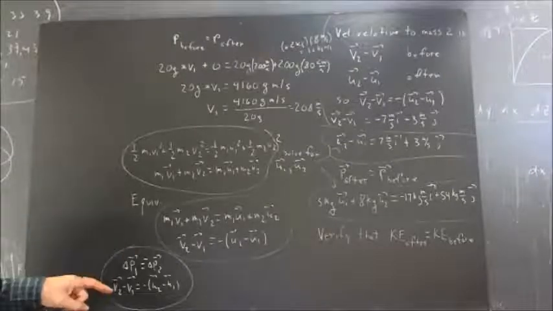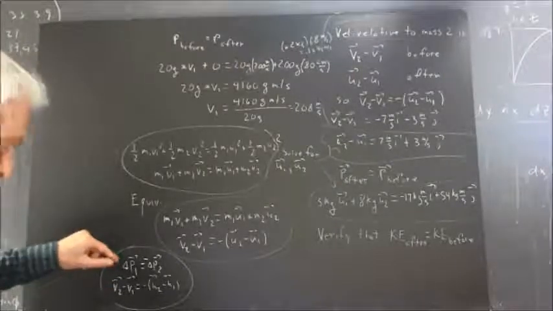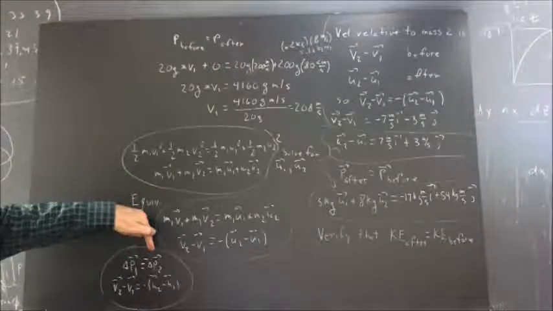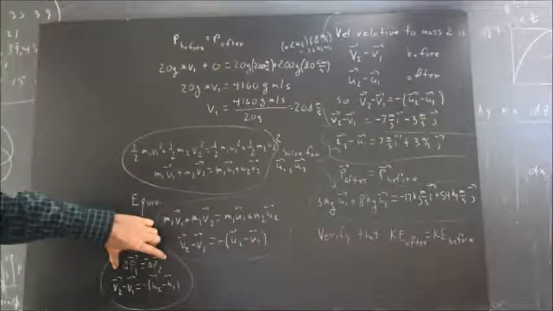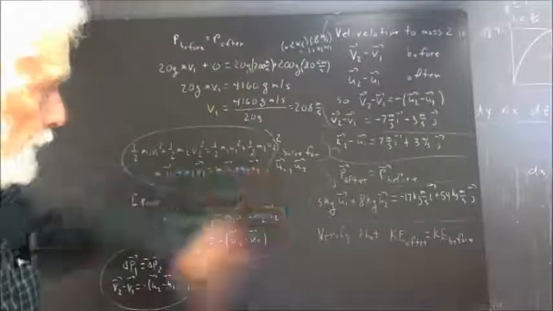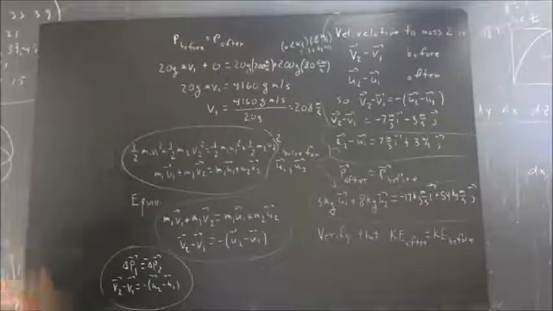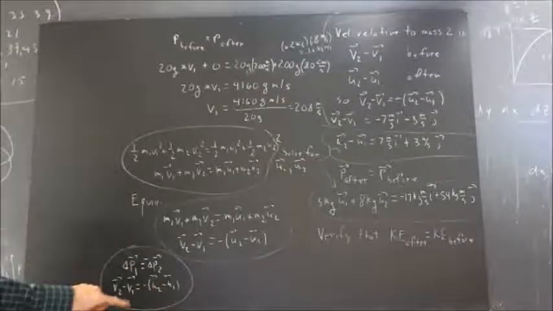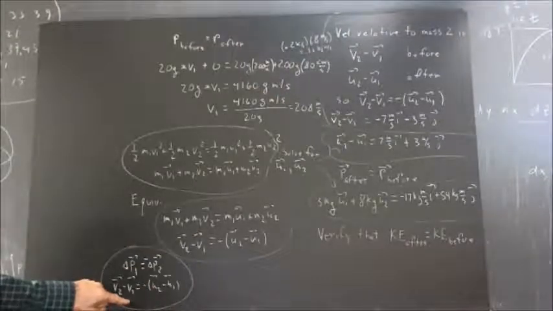This is equivalent to saying that the change in the momentum of the first object is equal and opposite to the change in the momentum of the second. Now this equation is completely equivalent to this equation. And then the second equation is the same as this one.